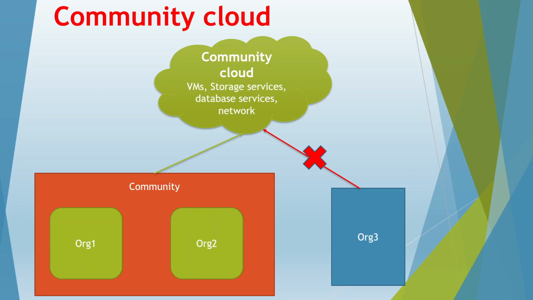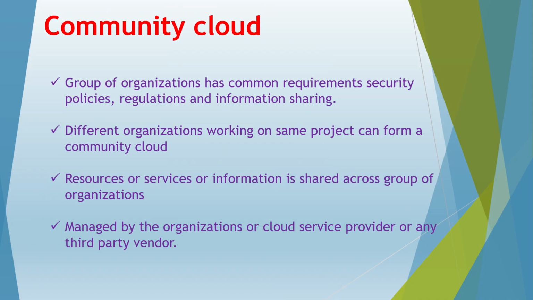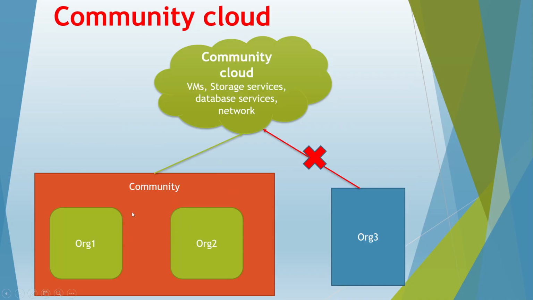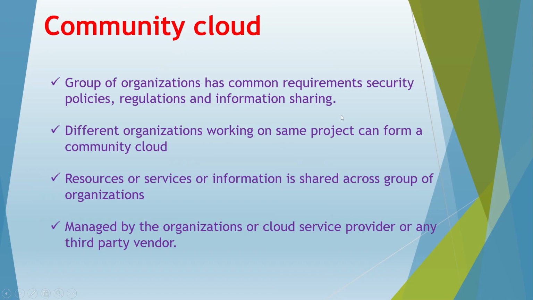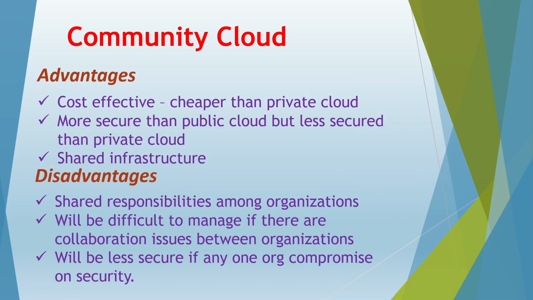But the community cloud will be managed by all the organizations that are part of that community, or by the cloud service provider or any other third party vendor. They can outsource this cloud to a third party vendor, who manages the community cloud on behalf of the organizations. So that's all about the community cloud.